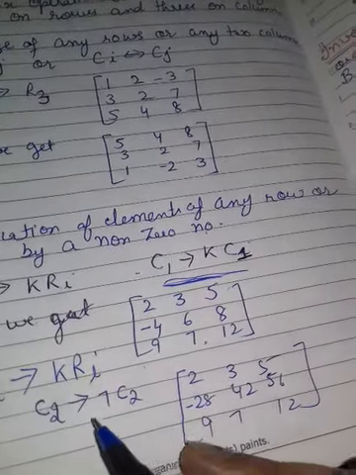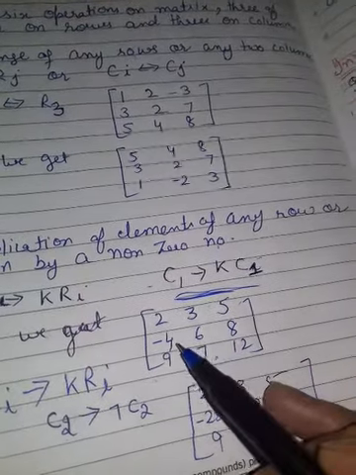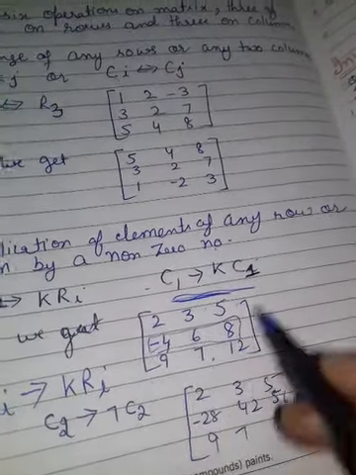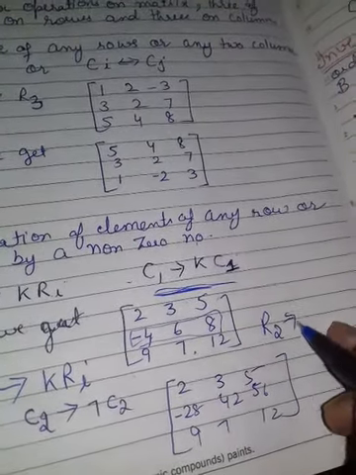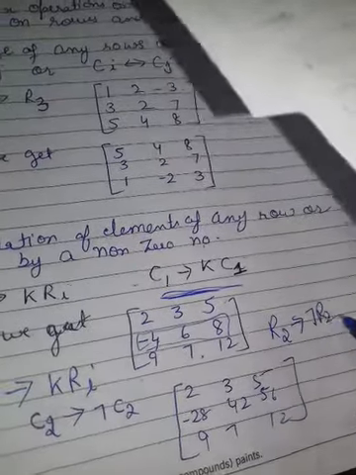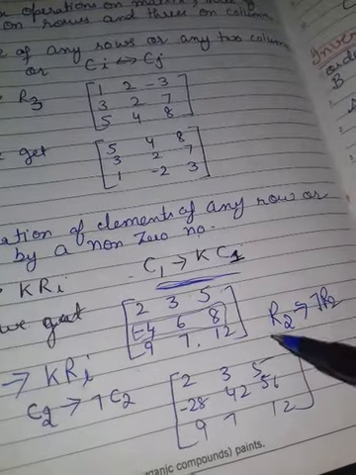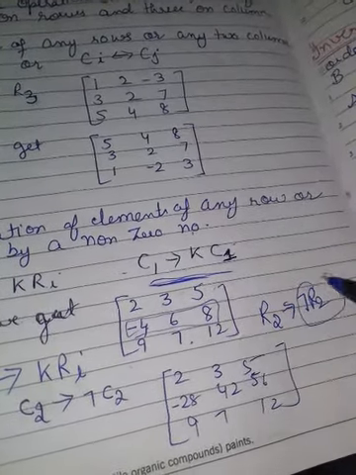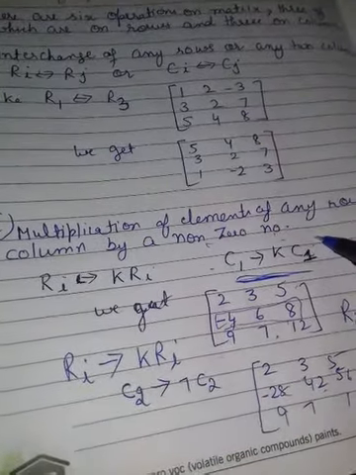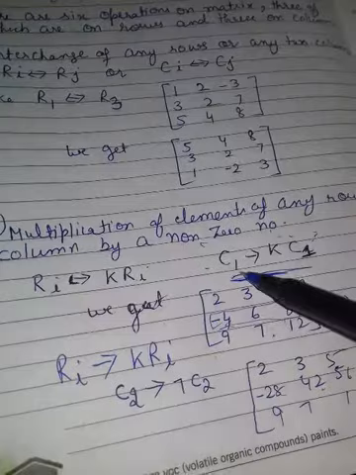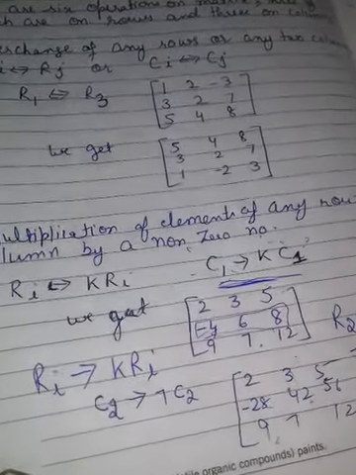Suppose I operate R2 with 7, so it becomes 7R2. Clear? Meaning I multiplied R2, and now it becomes 7R2. You will multiply each element. This is known as the second property. You can do the same with a column also. You can multiply any column with any number.